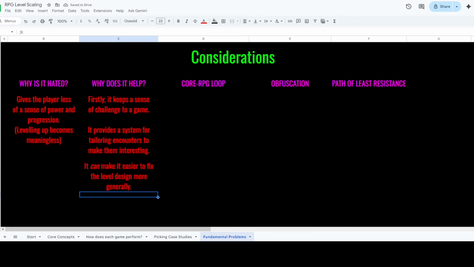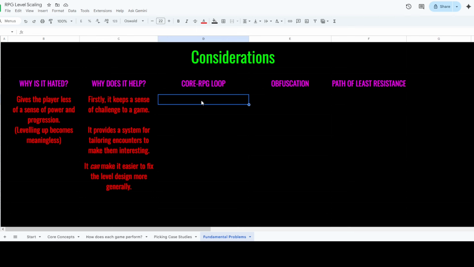If you're having trouble balancing areas, then you can use this as a kind of get out of jail free card. I think it's a dangerous crux, but it's there.